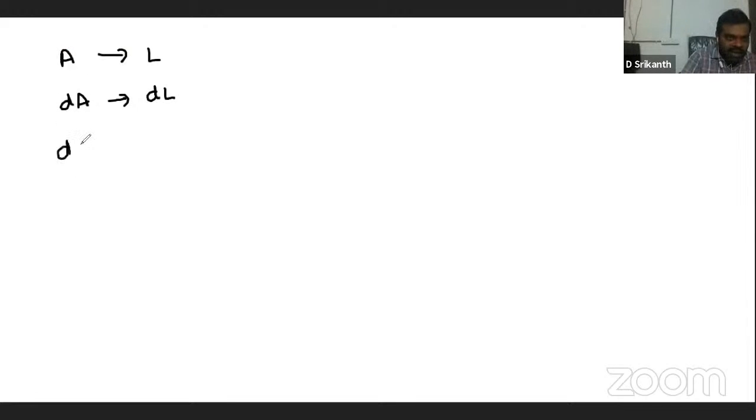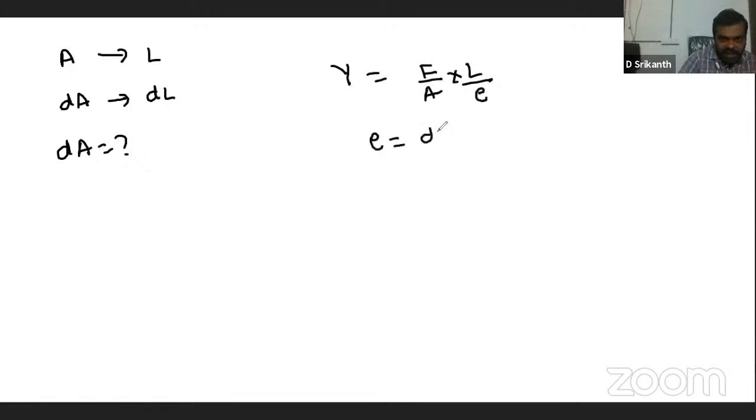For this small area, since Y equals F by A times L by E, where E means elongation, that is F by A into L by Y. First I am finding the small area.